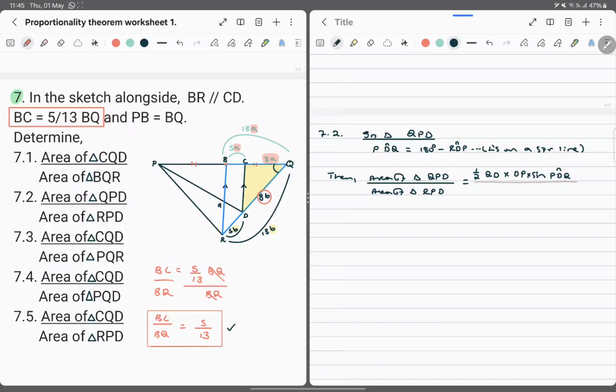All divided by, this is going to be a half. Again, we can choose, it's going to be RD if we like, times DP, it's a common side. Always choose common things, guys. Sine of that angle, which is PDR, right, or RDP.